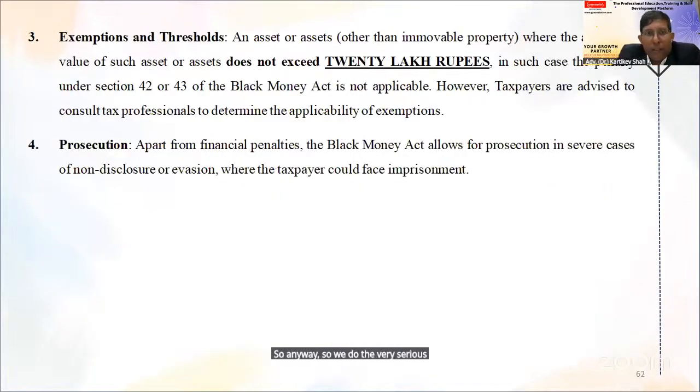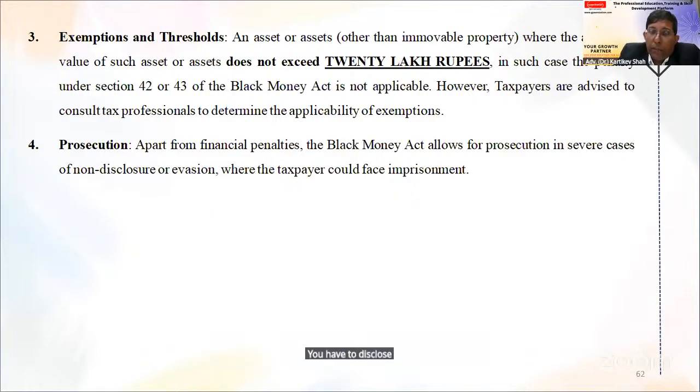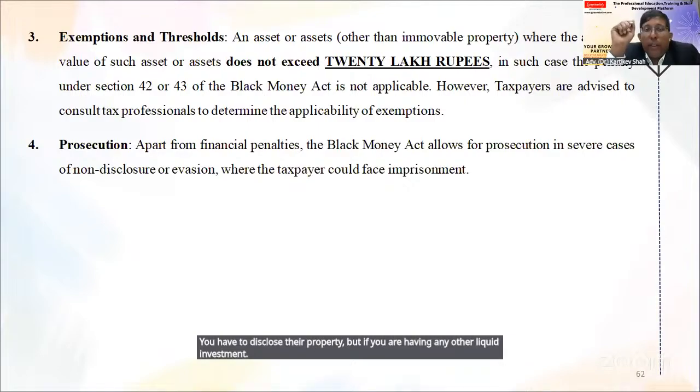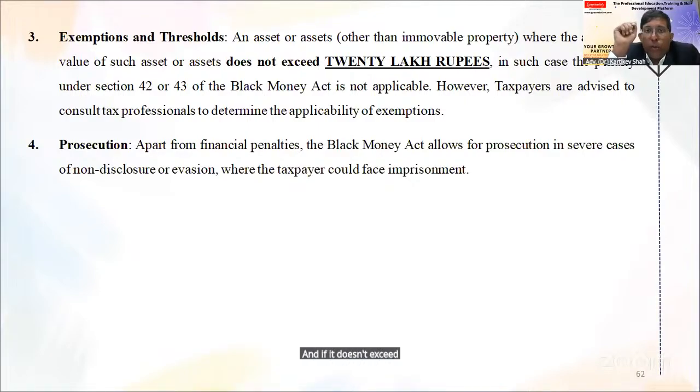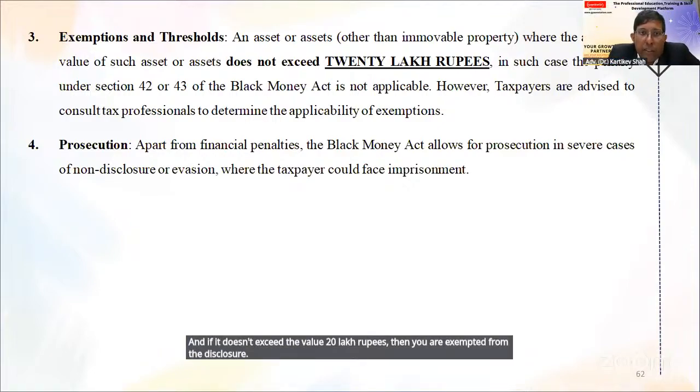But there is some relaxation for any asset other than immovable property. If you have immovable property, anyhow you have to disclose that property. But if you have any other liquid investment, and it doesn't exceed the value of 20 lakh rupees, then you are exempted from the disclosure, right?